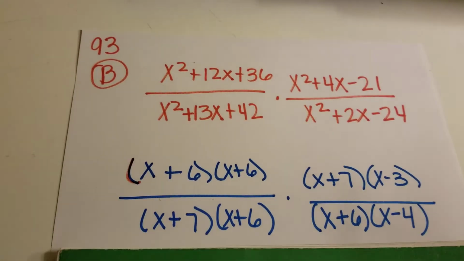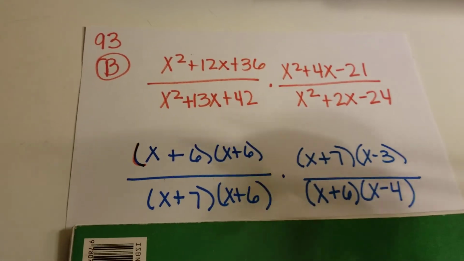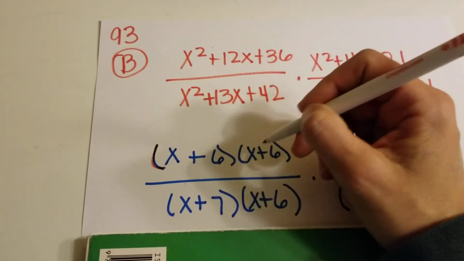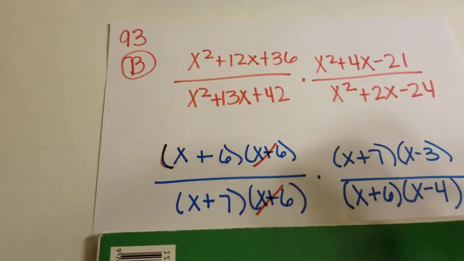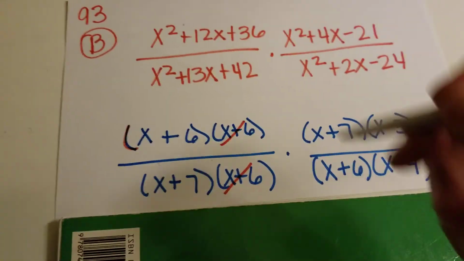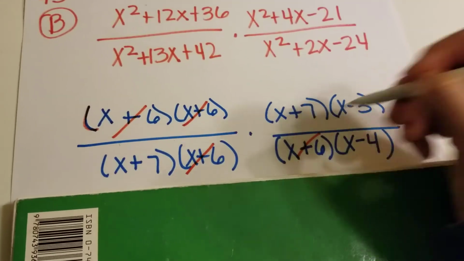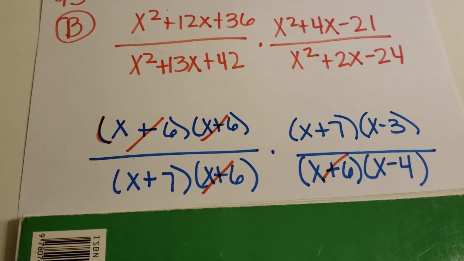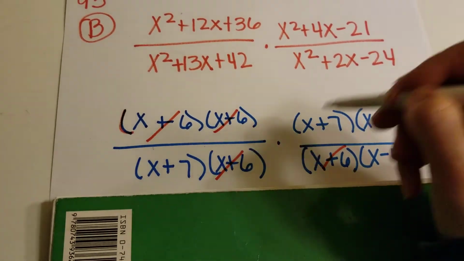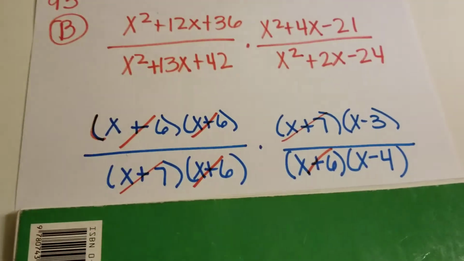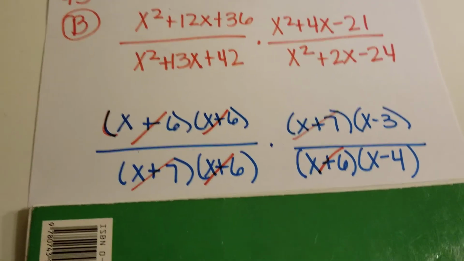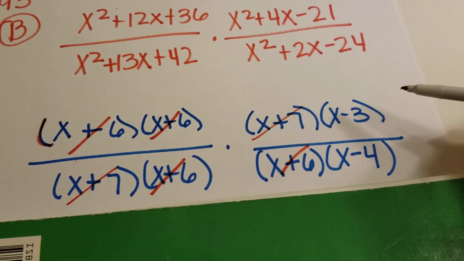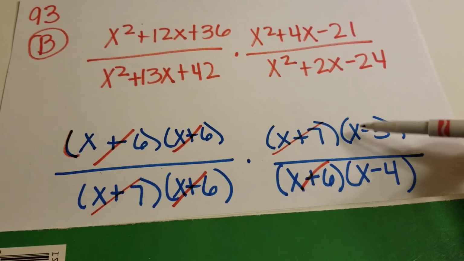So I'll take my red marker and start having fun. This is the part I love, canceling. So x plus 6 and x plus 6, numerator, denominator. Here's another x plus 6, x plus 6, numerator, denominator. Now I have x plus 7, numerator, denominator, groovy. Again, people like to come here and say, oh, x and x.